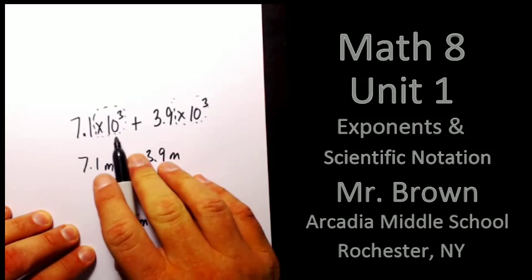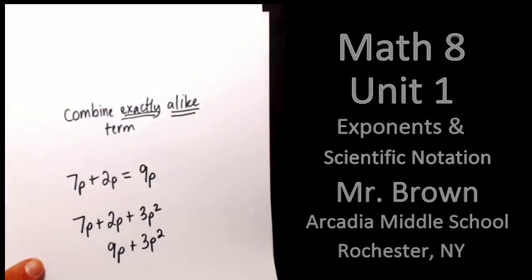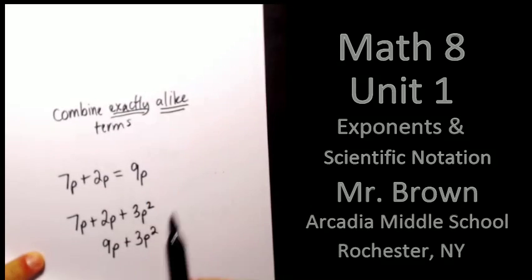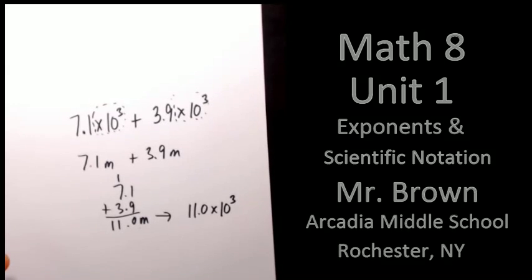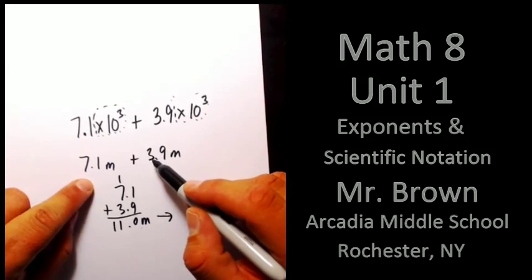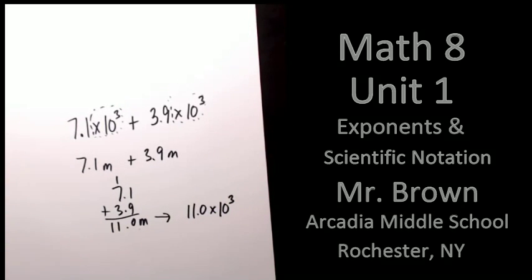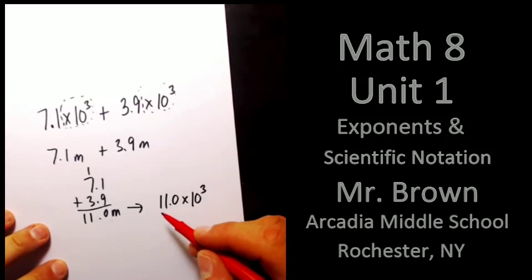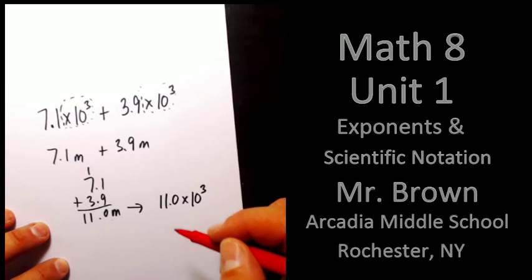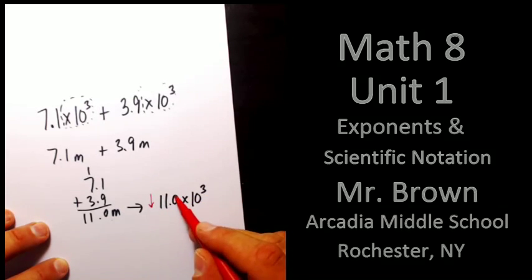You see, we're only allowed to add or subtract exactly alike terms. So since these are exactly alike, we're just allowed to add the coefficients together like this. Now we have a problem, because if you remember about scientific notation, this is not correct scientific notation. So what we need to do is make this into a number between 1 and 10.